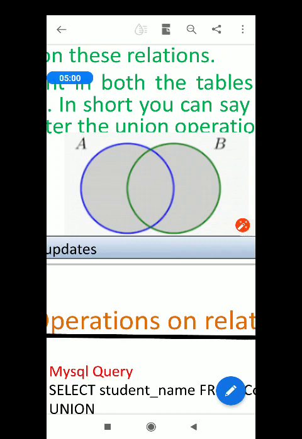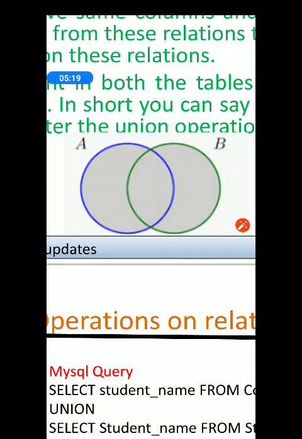Please draw the Venn diagram of it. See here, set A and set B is depicted by two overlapping circles, because in set A some of the elements may be there in set B also. So this is the set A union set B operation diagram.